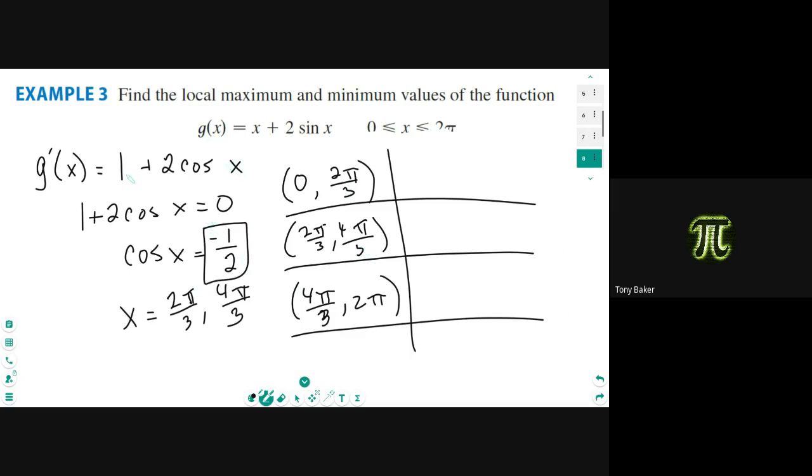So at negative 1/2, this is going to be 0. Before that point, a lot of it, cosine is going to be positive, correct? And again, it's all one thing. We don't have to worry about it. This encompasses the first quadrant, and I know in the first quadrant, cosine's positive. So I know that that's going to be positive, because up to 2 pi over 3 is not going to give me enough to make that bigger than 1.